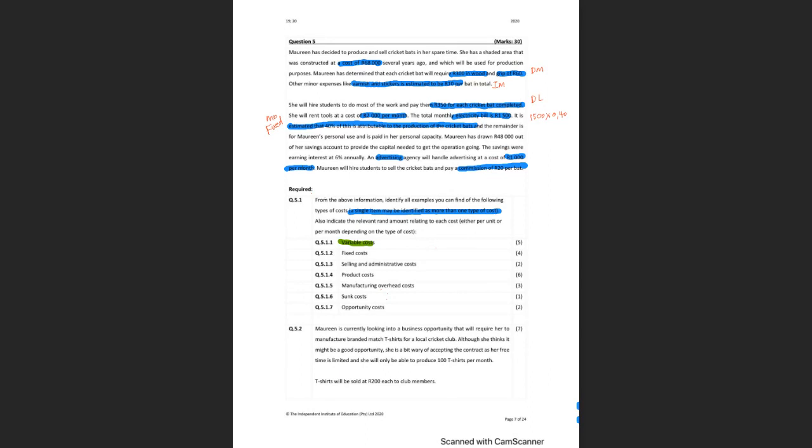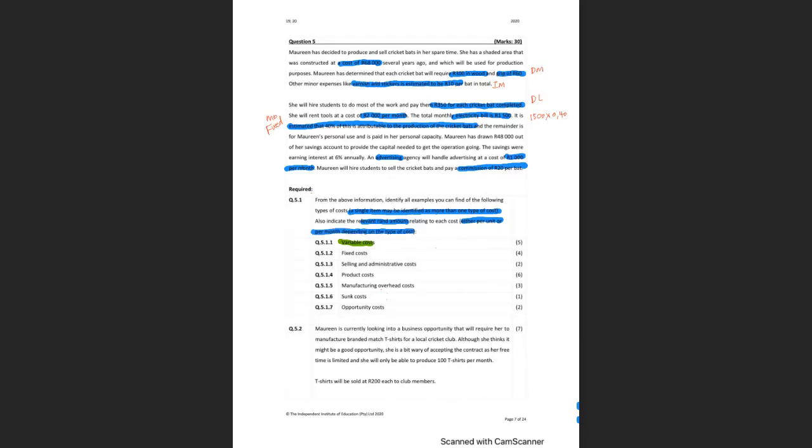So it is not restricted to one category. Also indicate the relevant rand amount relating to each cost, either per unit or per month, depending on the type of cost.